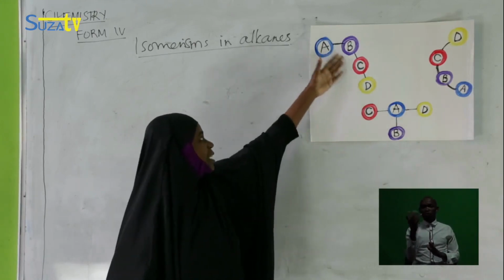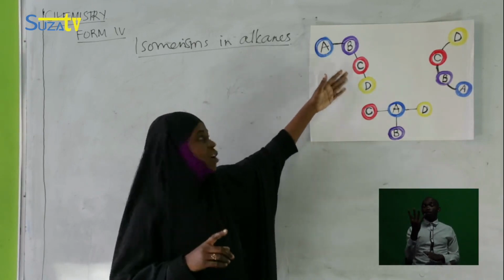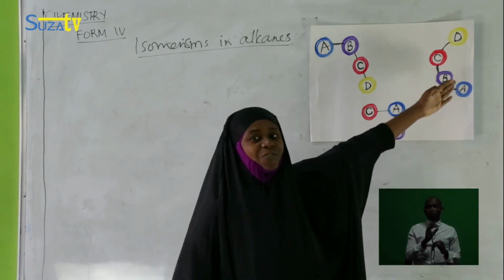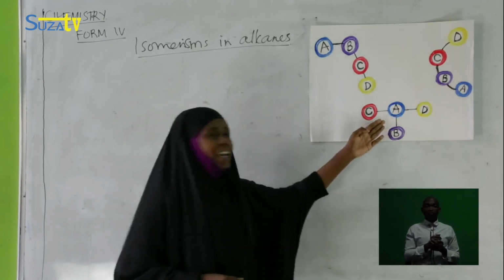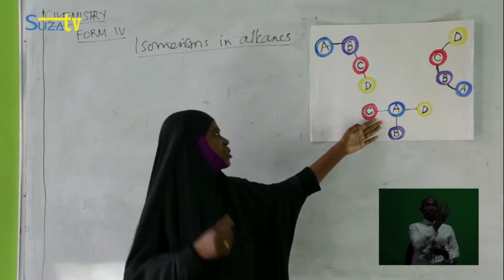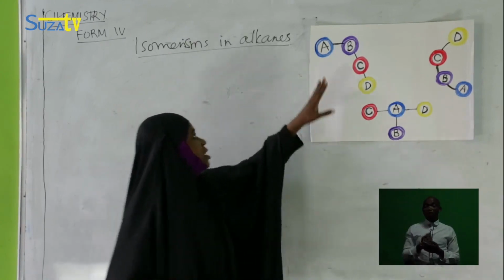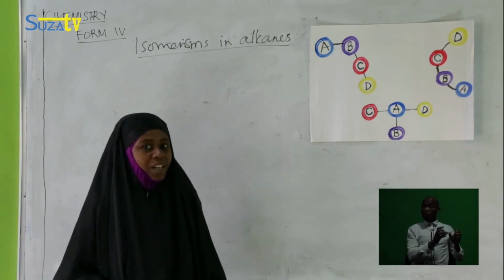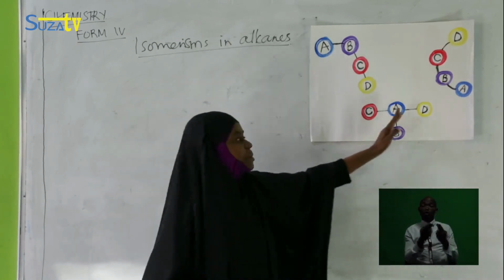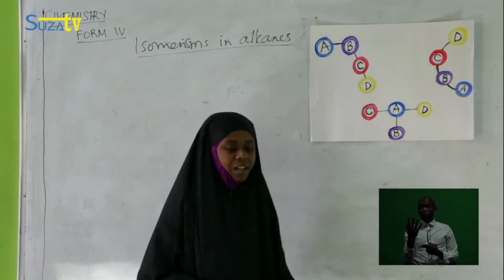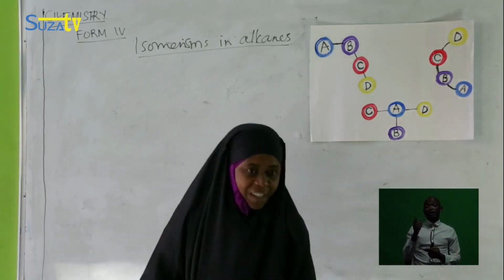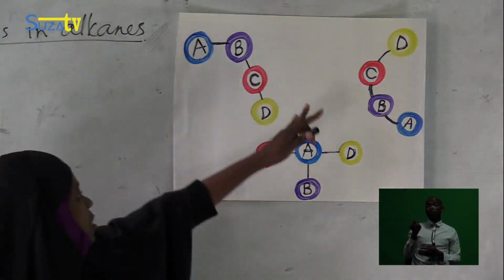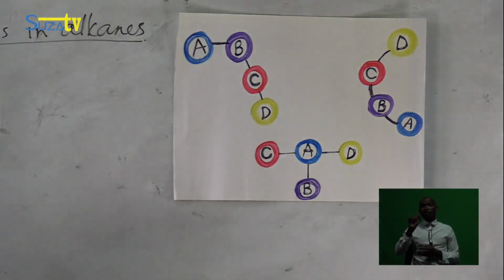How many of these? Oh, 4. Thank you. And this one? 4. Okay, thank you. And this one? Oh, good. Therefore, we see that we have 3 organic compounds, models with the same numbers of atoms. This is what we call isomers.